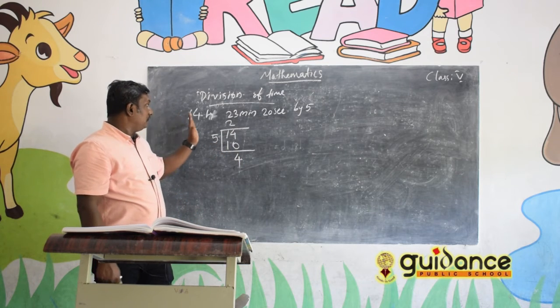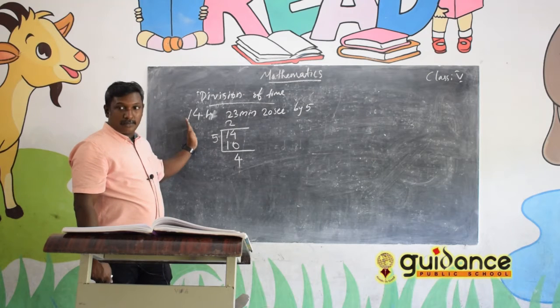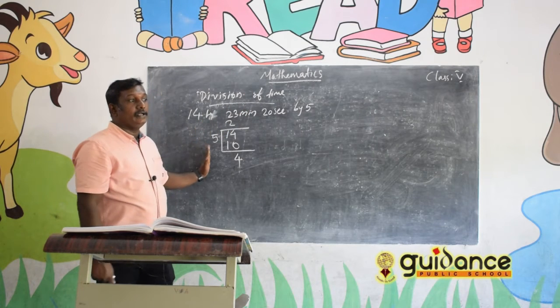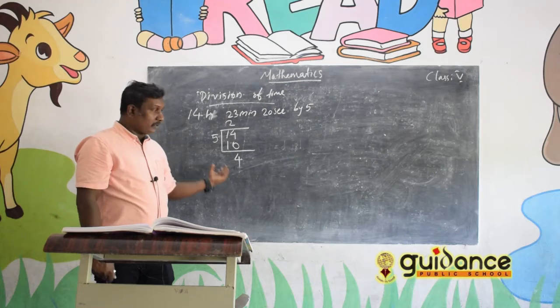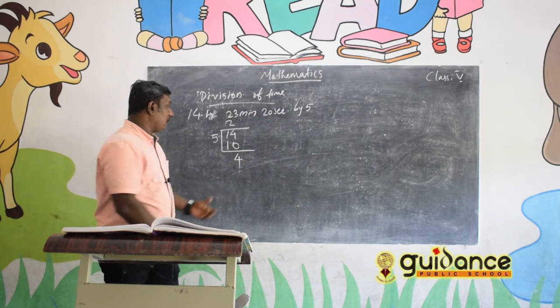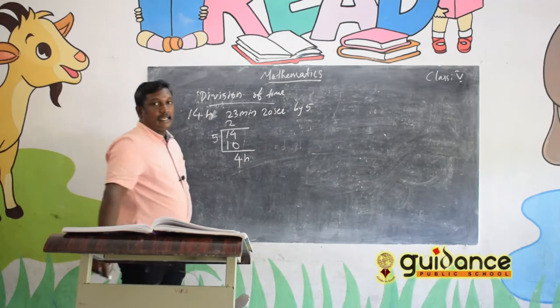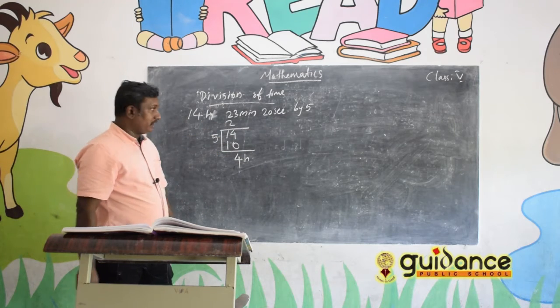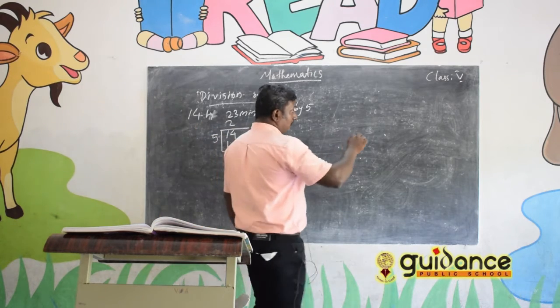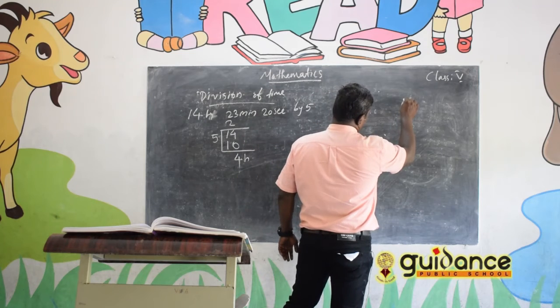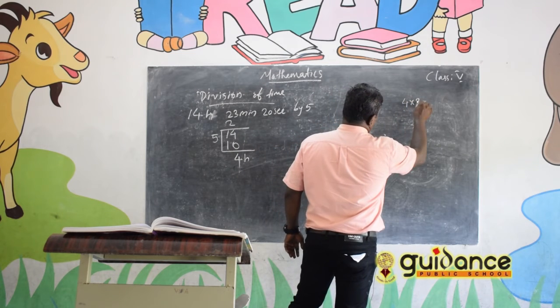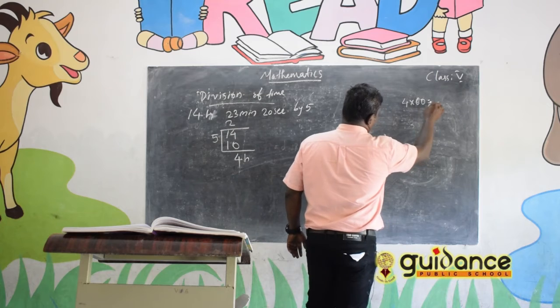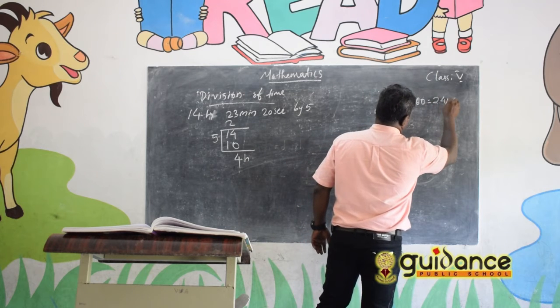Always note the remainder. First we divide the largest, the 14 hours, and moving to the right side, we give the remainder we get to the next term. Here it is hours, this is 4 hours remainder. That 4 hours we have to give to the 23 minutes. 4 hours means how many minutes? 4 into 60 is 240 minutes.